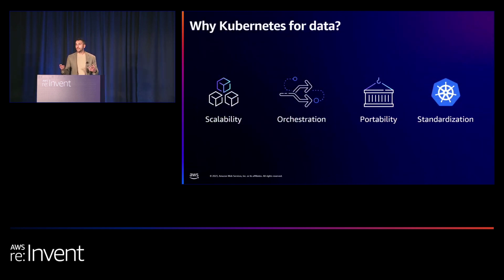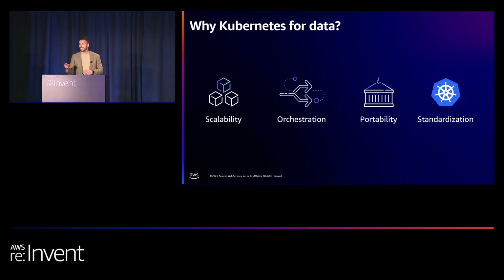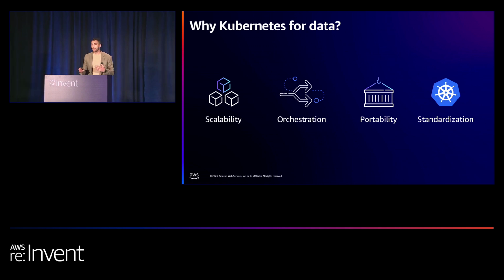But why Kubernetes for data? Well, we see 4 key reasons for this. And the first is scalability. Kubernetes allows you to independently scale the compute and memory for your application so that your infrastructure can meet your application's needs. It has capabilities like the horizontal pod autoscaler and cluster autoscaler, and there's a number of open source tools like AWS's open source Karpenter that can help you manage this autoscaling so that your infrastructure can meet the needs of your application.